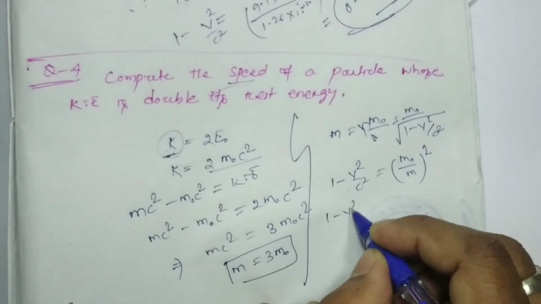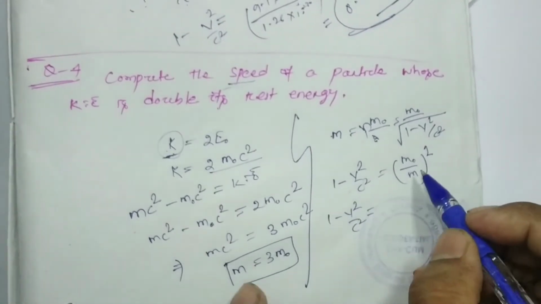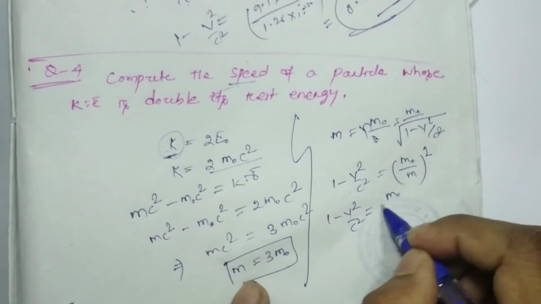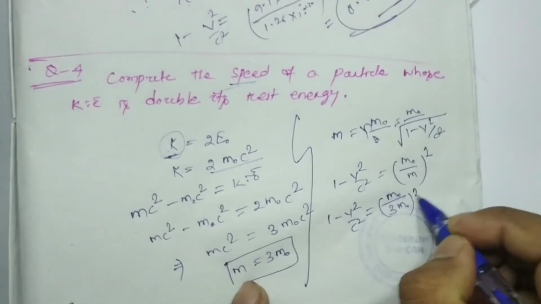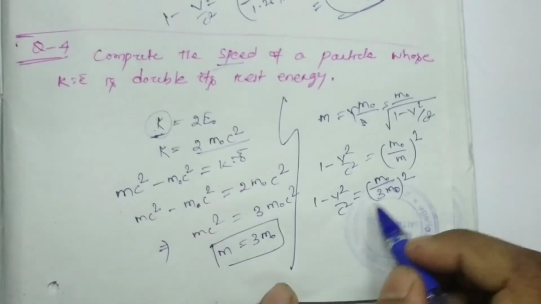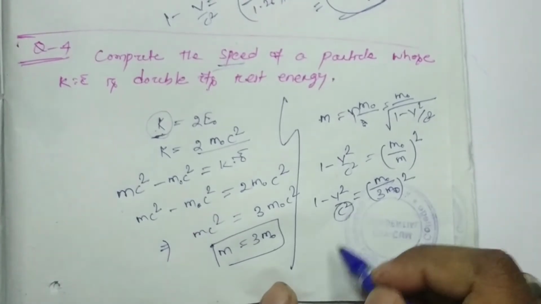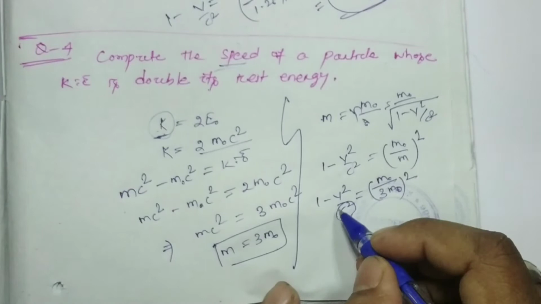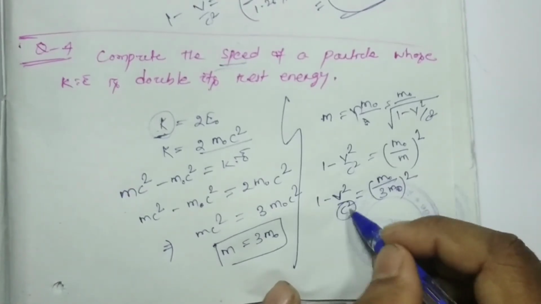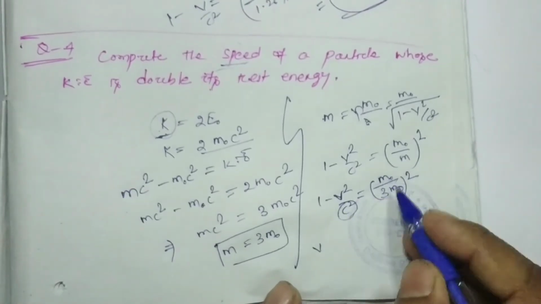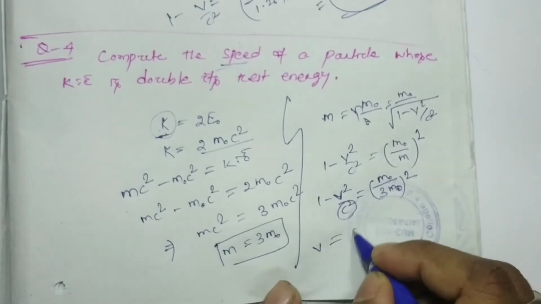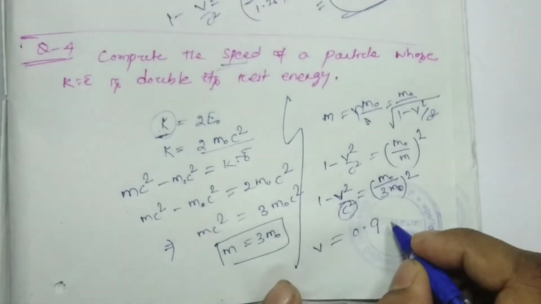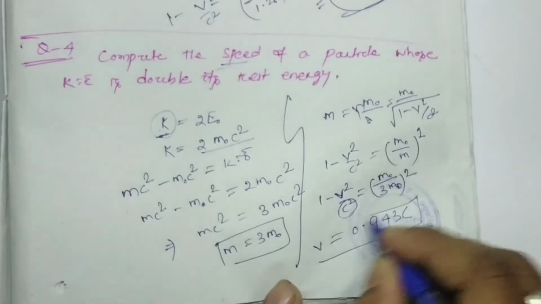So 1 minus v square by c square is nothing but m0 by 3 m0 square. From this equation, we don't need to put in the value of c directly; you have to find velocity in terms of c. Just solve it and you find v equal to 0.943 c. Okay.